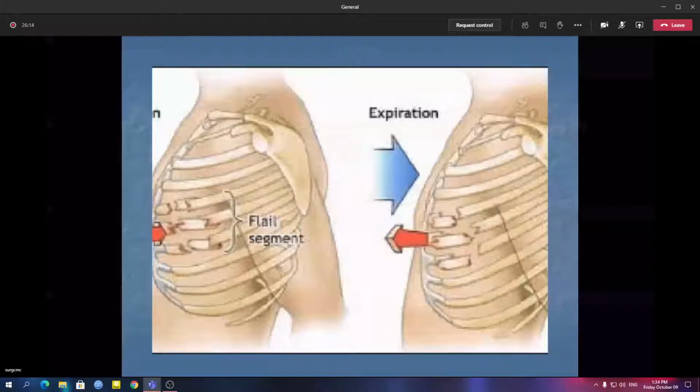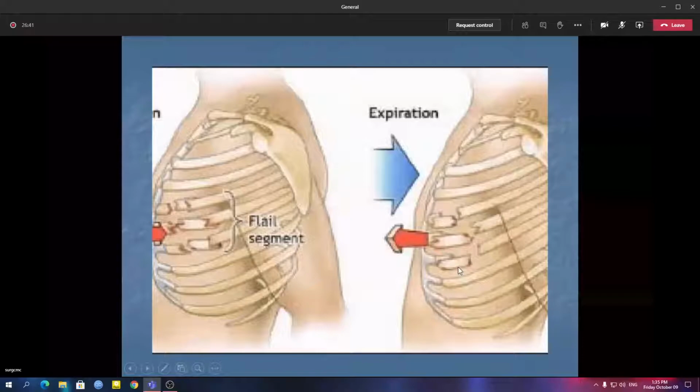It is paradoxical respiration. In normal respiration, you inspire, the entire chest wall or the ribs, they all will expand. In expiration, everything goes in. In paradoxical respiration, the entire thing is opposite. The flail segment, this segment, in inspiration, goes out. In expiration, it goes in.